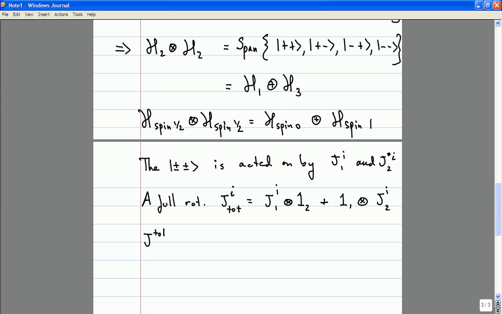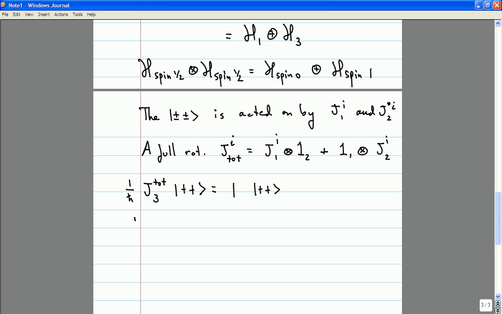So, for example, if you calculate the total J3 angular momentum of the state plus plus, then that's equal to 1 times plus plus. I had an h bar there in my definition, so I'll just divide out by an h bar here. Whereas 1 over h bar times J3 total of the state plus minus is equal to 0.